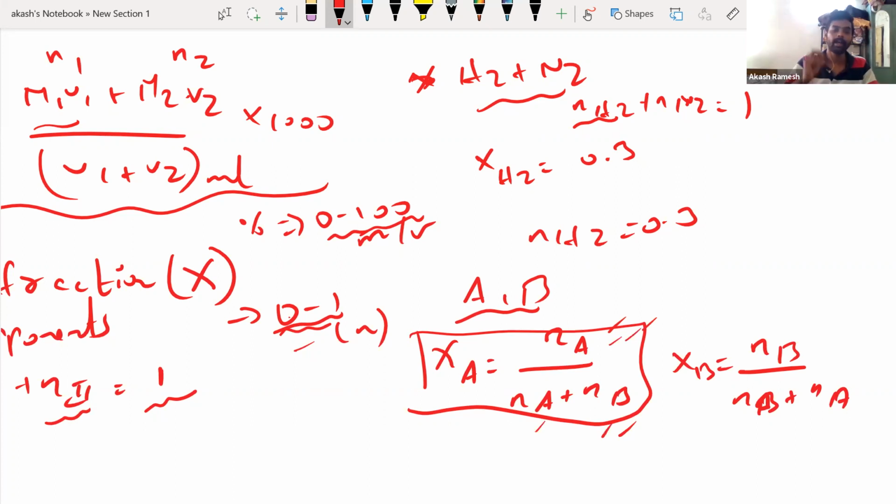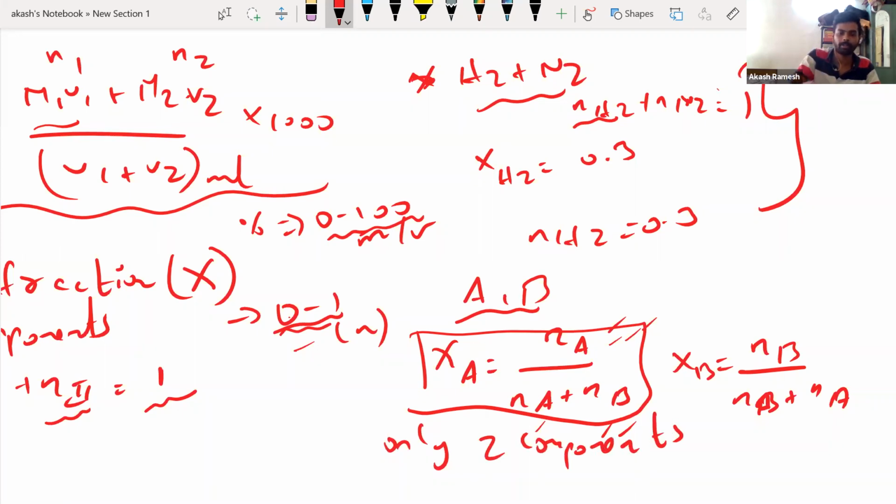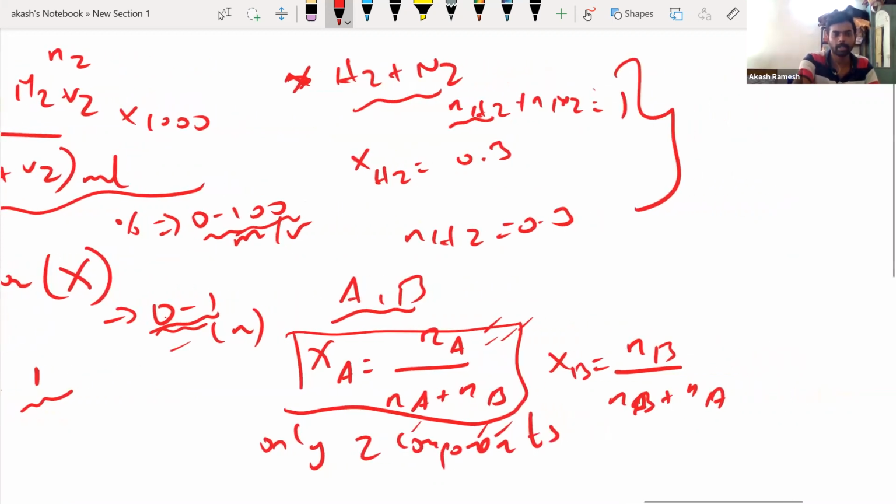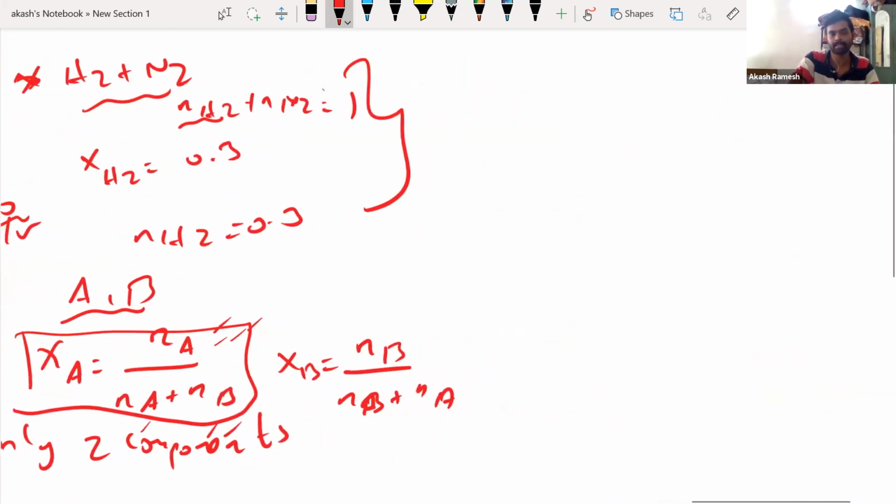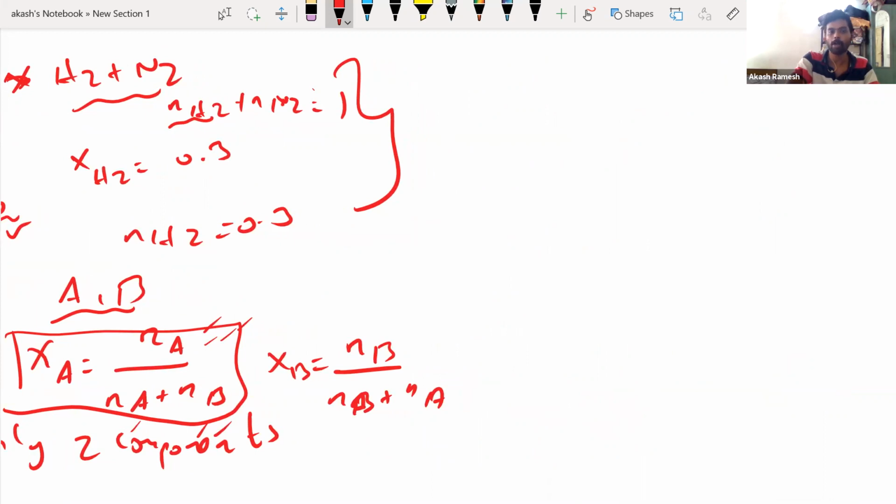One more thing you understand from the previous example. Say I have x1 plus x2 plus x3 plus x4, and so on up to xn, that is n components.